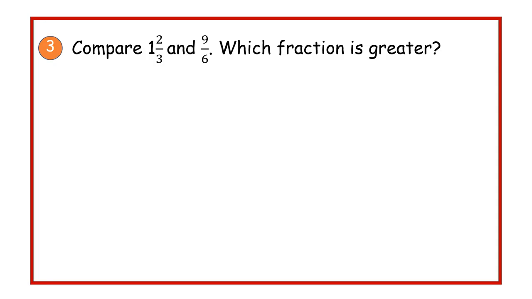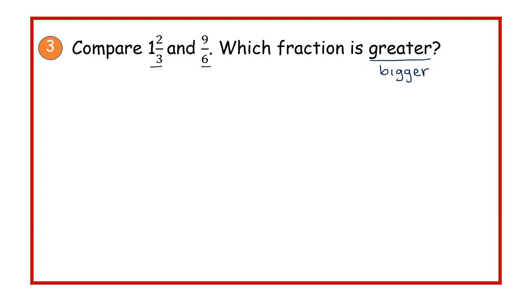In number 3, let us compare 1 and 2 out of 3 and 9 out of 6. We want to know which fraction is greater. Greater means bigger. We want to know which fraction is bigger.